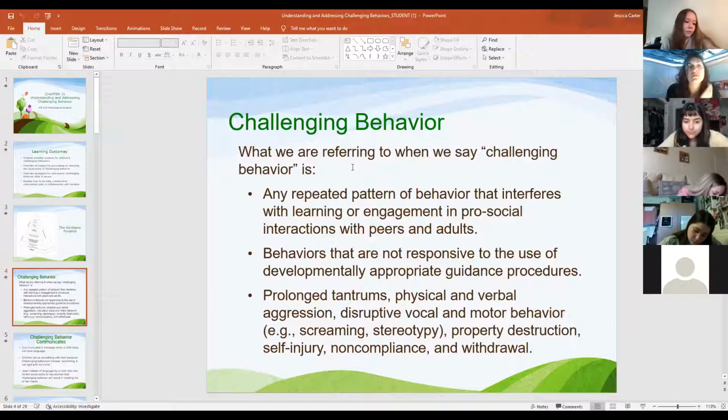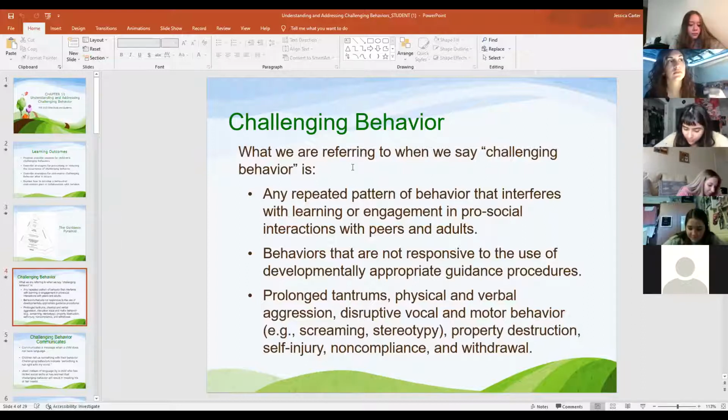Also, sometimes it's specifically about intensity and duration, right? So the length of a tantrum, if it goes beyond what is typical for young children, and that's not like a hard and fast rule. You're not standing there with a timer for 25 minutes, and if they go beyond 25 minutes, it's challenging. Although I would say that a 25-minute tantrum is in fact challenging.